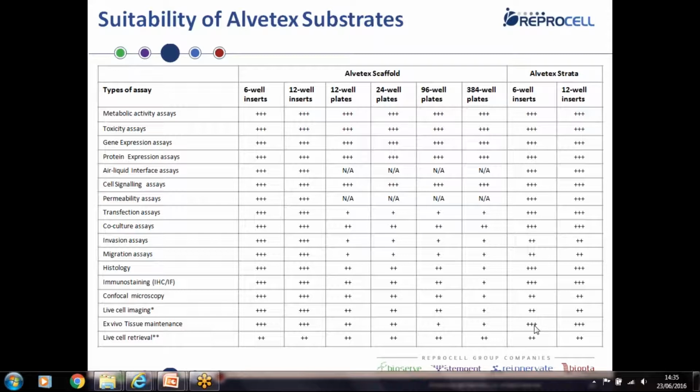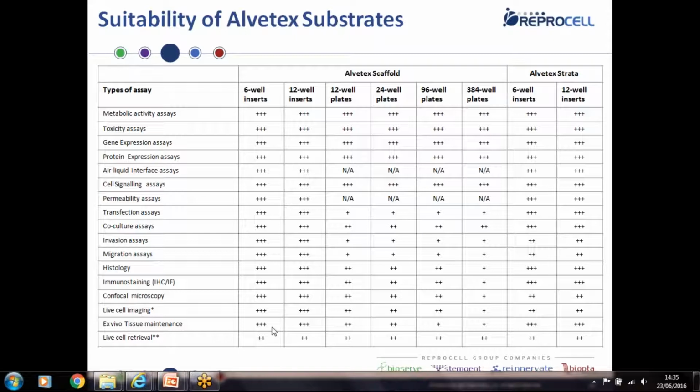If you just want the tissue to be viable and stable, then Strata is the best thing, because it's just going to sit on top and adhere to it quite well, as I will show you later, because it still has that 3D patterning surface that the cells can really grab onto, but it's just going to stay there. If by comparison you want to take ex vivo tissue and you want cells to move away from it and invade into a substrate, then scaffold is a good option.